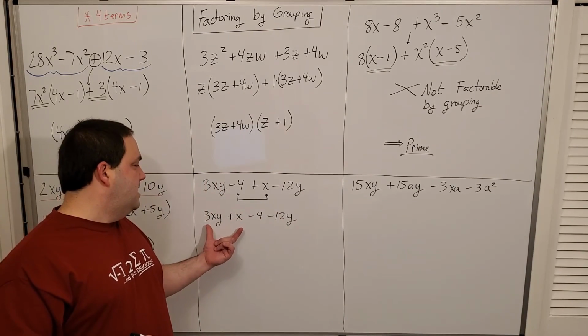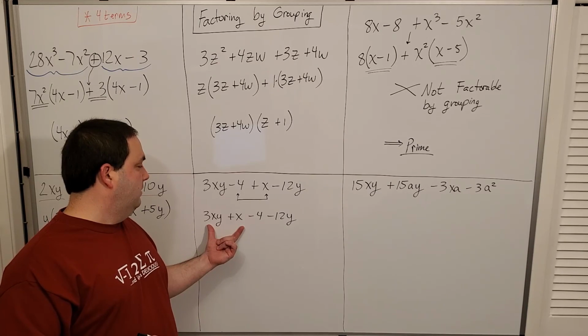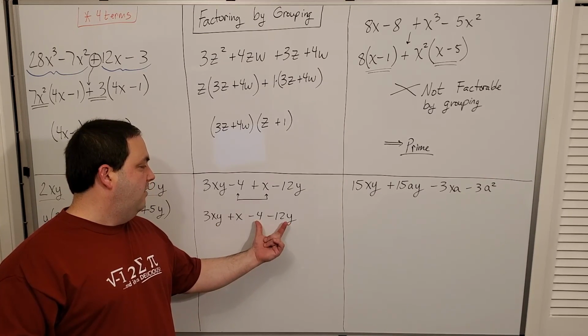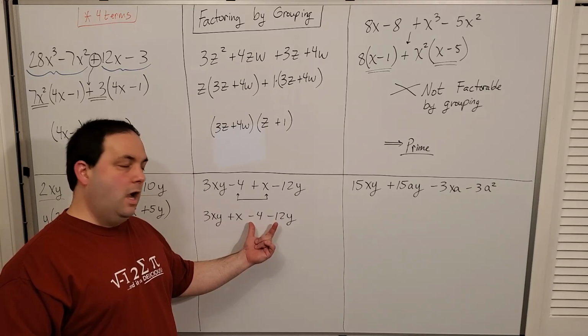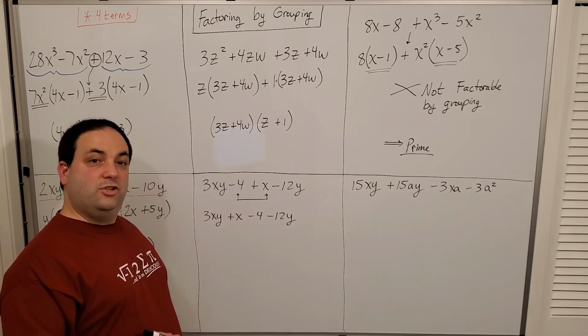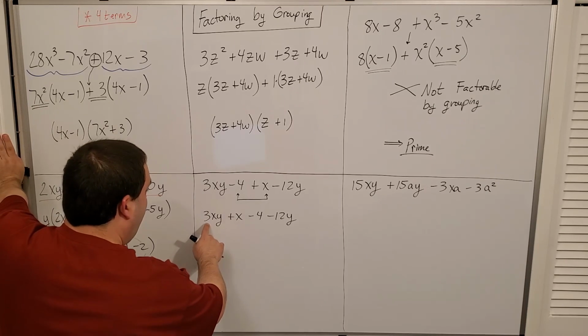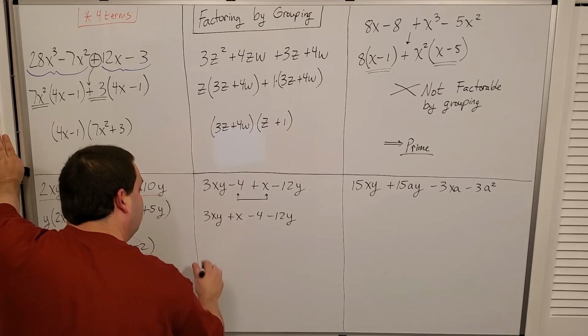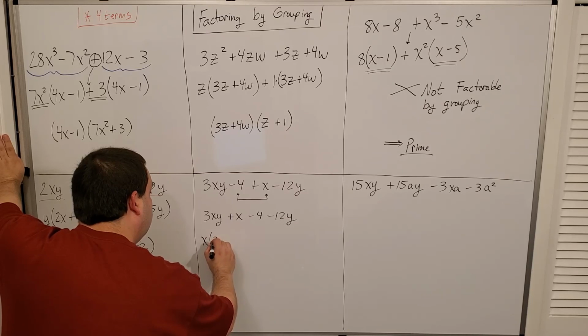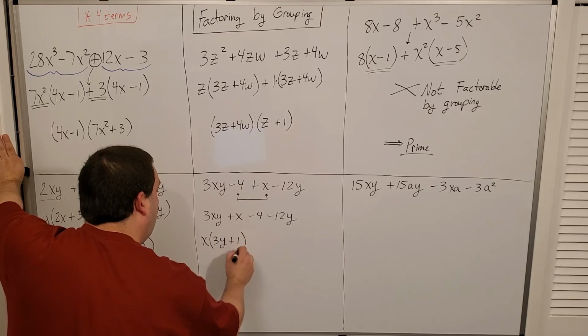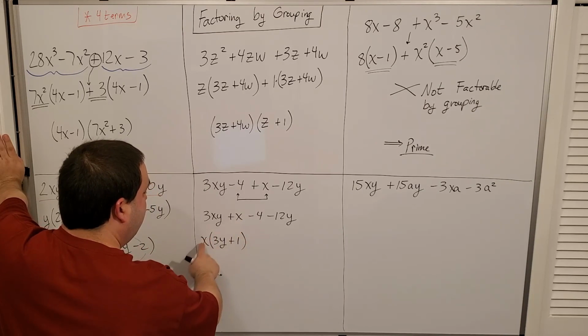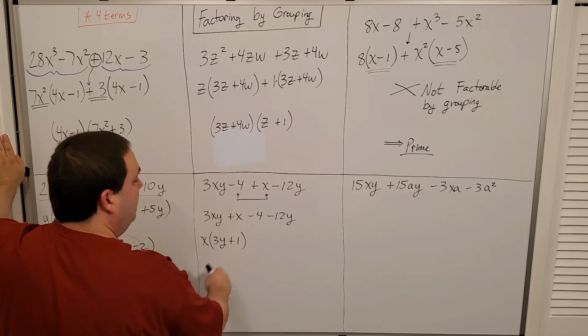Now I see these two guys have an x in common, and these two guys have at least a 4 and a negative in common. Well, this might just work out then, won't it? Let's see. If I factor the x out of these two, x times 3y plus 1, don't forget the plus 1 because x divided by x is 1.